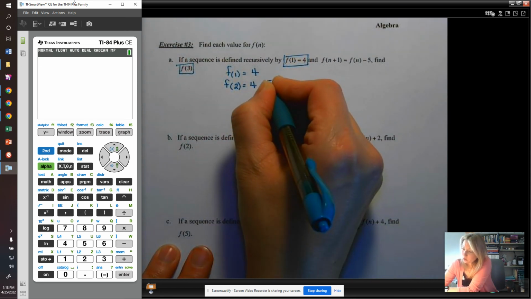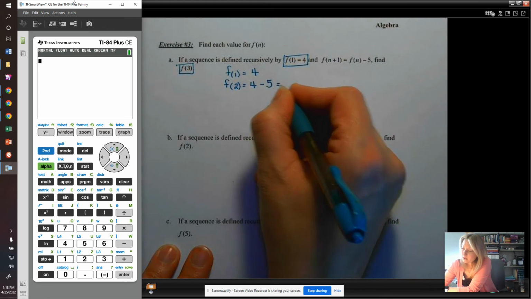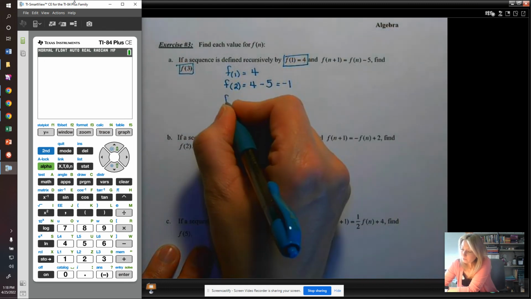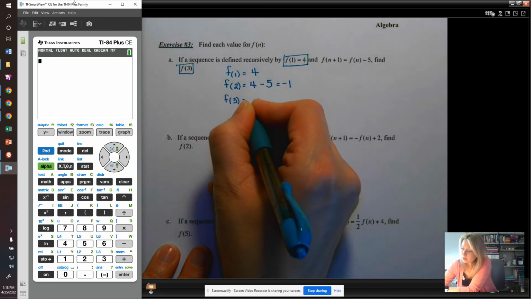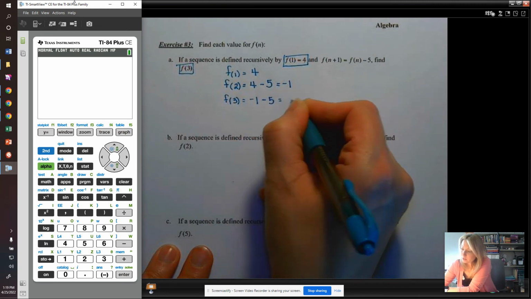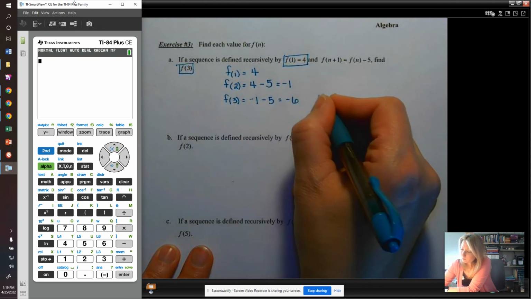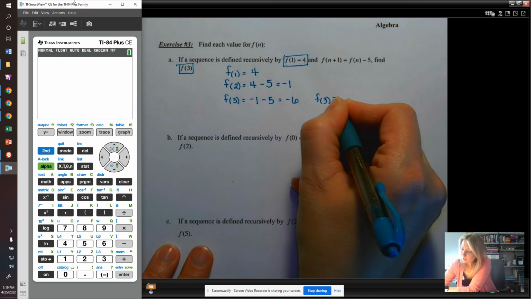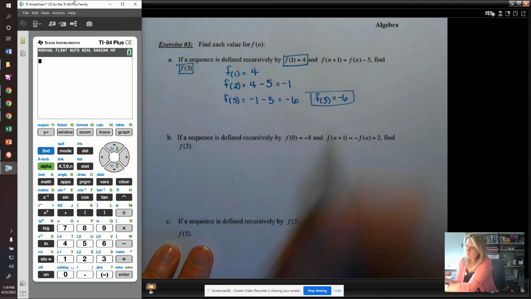So that's the first term, subtract 5 from it, now you get -1. F of 3 is going to take the previous term and subtract 5 from it. And that's where we were asked to get to.